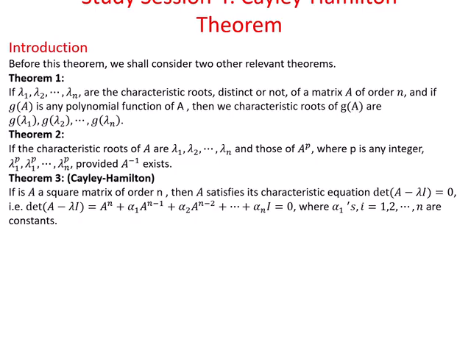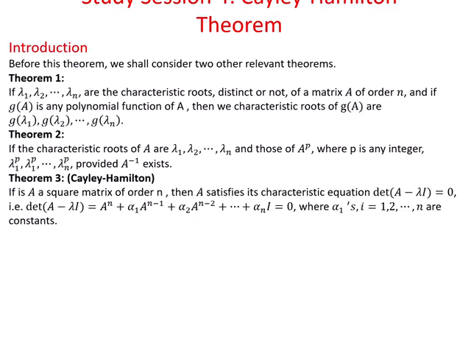Then the third theorem, which is the Cayley-Hamilton theorem, says if A is a square matrix of order n, then A satisfies its characteristic equation. The determinant of A minus lambda I is equal to 0. You can still remember that I is the identity matrix, and the lambdas are the characteristic roots.